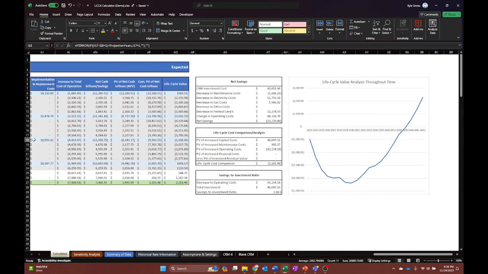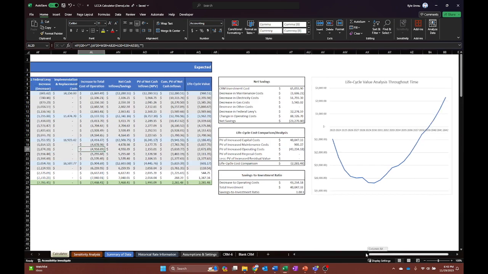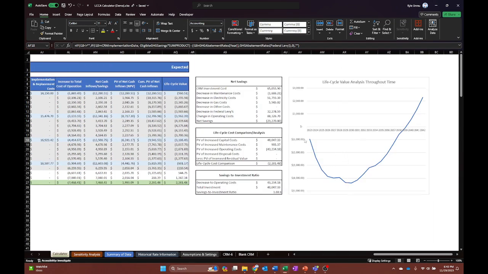If you implement the CRM in the future, as opposed to today, instead of needing to recuperate the value that you initially spent from the initial capital outlays, you can just benefit from the fact that GHG levies are already that high, and you're still going to be able to maintain the same trajectory purchasing it in 2026, right? You would still be able to achieve that same benefit without needing to wait all this time and spend all this time having negative value.